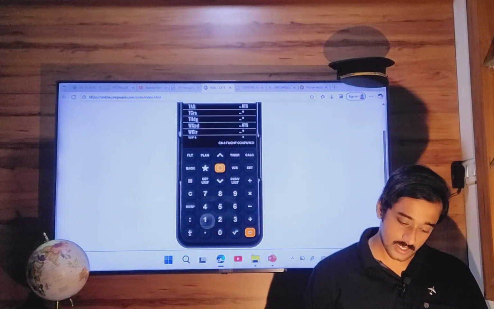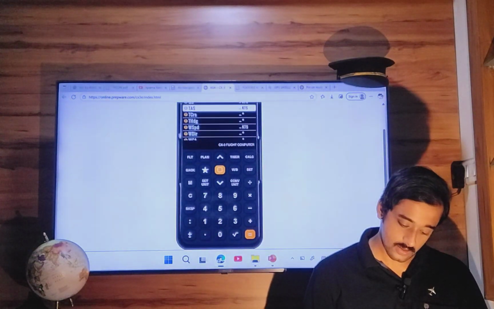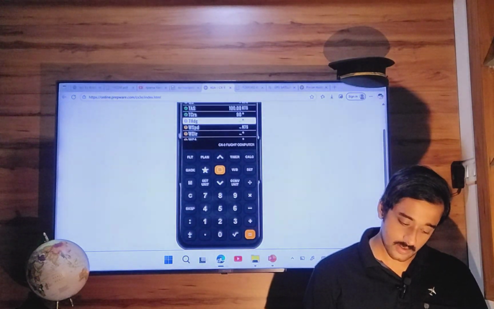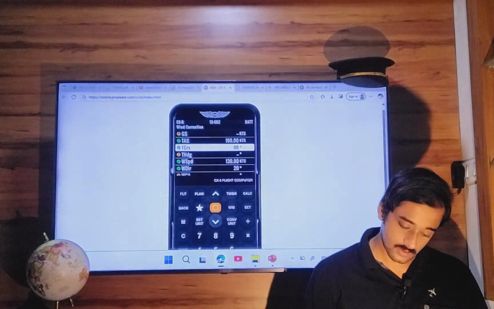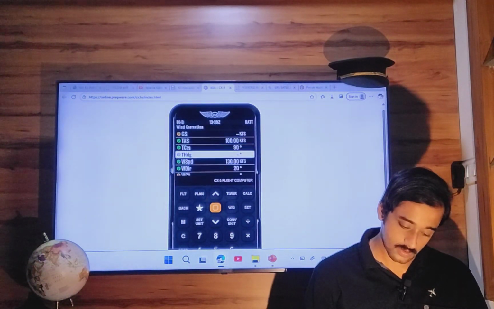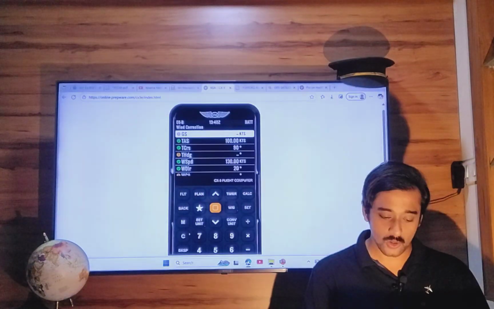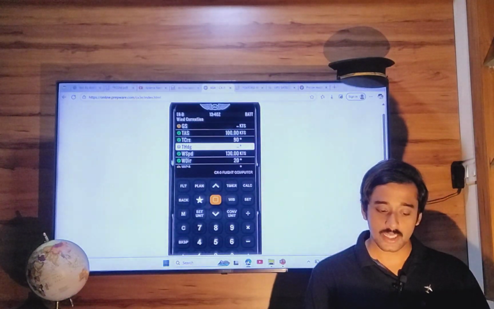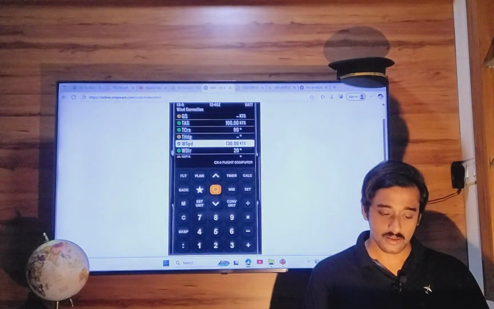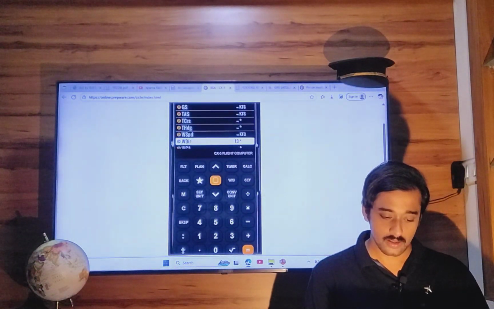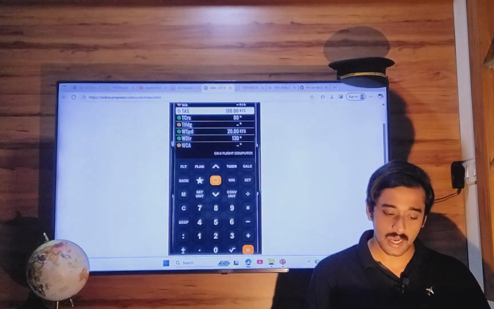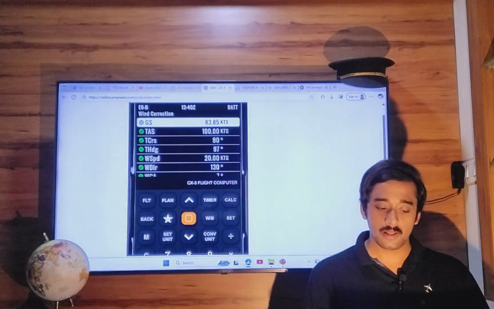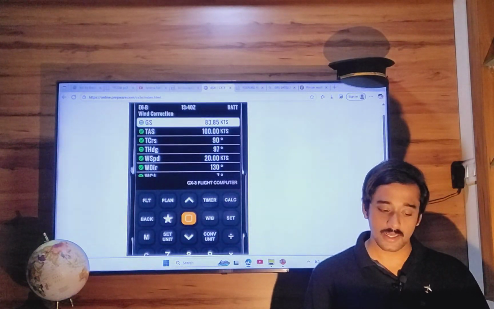Task 100, course 90, wind direction 130, wind speed 20 knots. So the ground speed will be 84 approximately, and true heading will be 097.